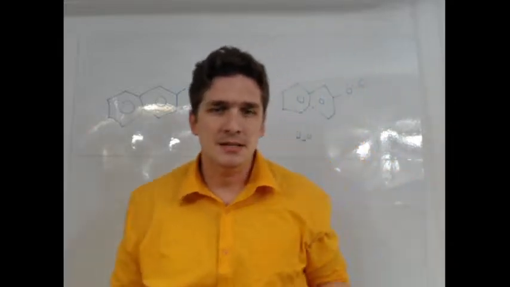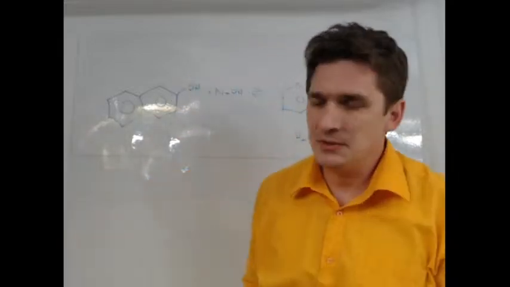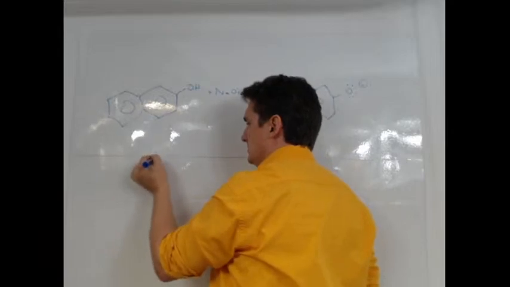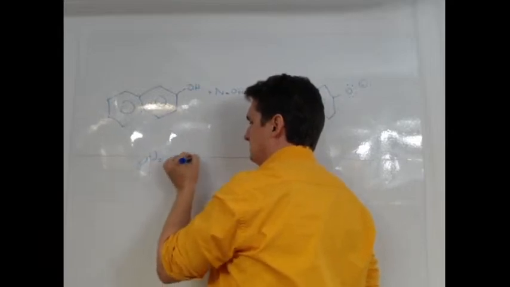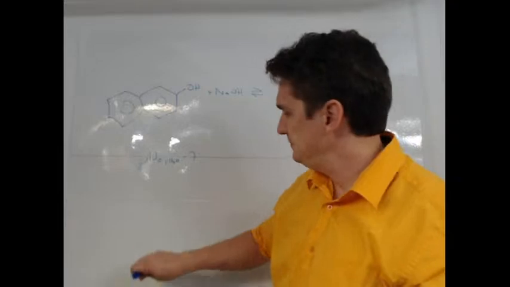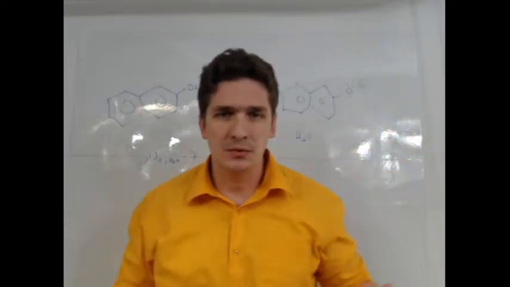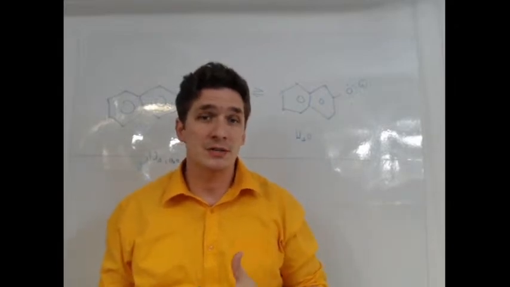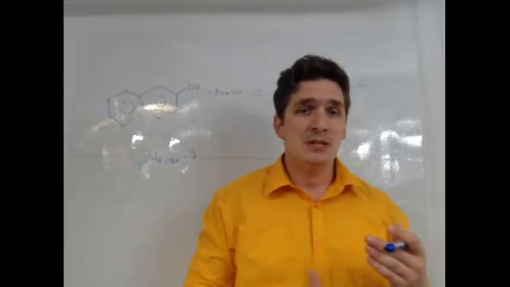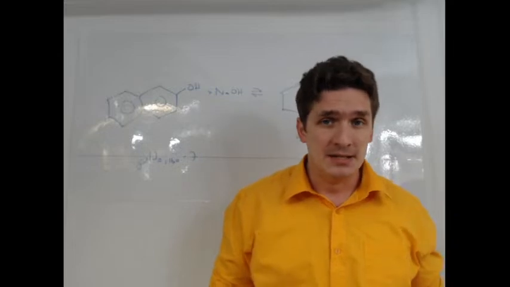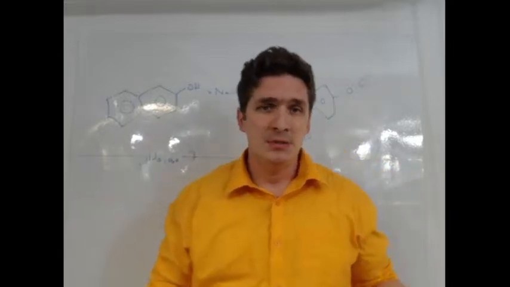Well, the thing is that we use water as a reference. So the pKa of water is 7 at room temperature. Anything that has a pKa lower than water is acidic. Anything with a pKa higher than water is basic. So naphthol has a higher pKa than water.